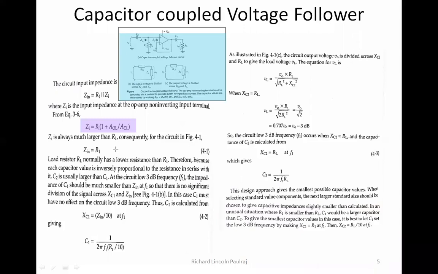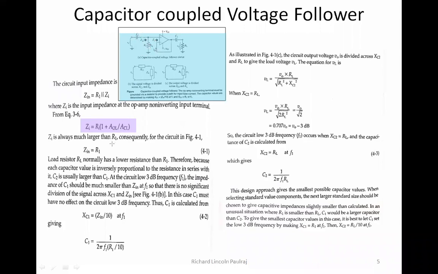Now, generally we know that the op-amp's input impedance is very high. We have been learning from day one that the input impedance of an op-amp is too high, and hence it doesn't allow any currents. So Zi is always much larger than R1. R1 is designed in such a way that if the capacitor value is taken lower, then the resistor value will be higher, so they are inversely proportional.